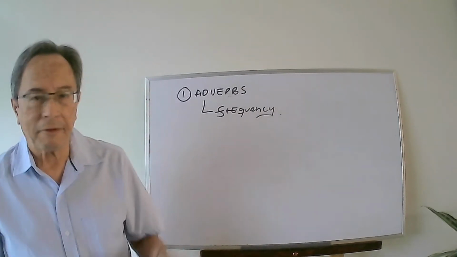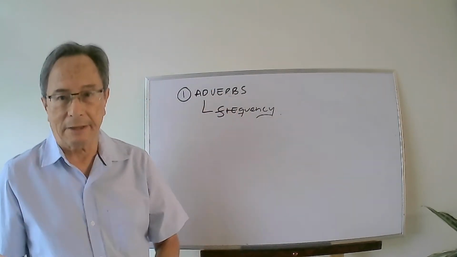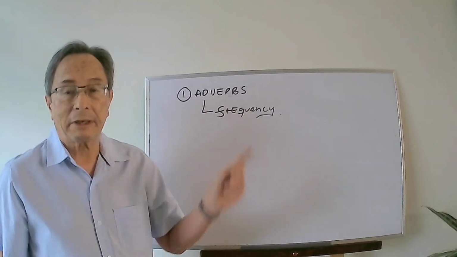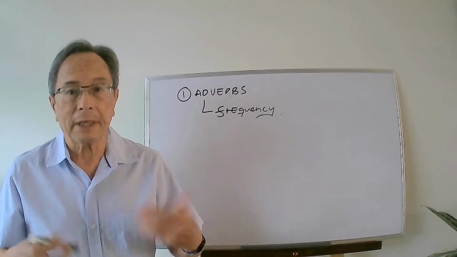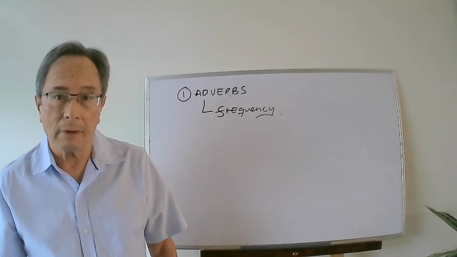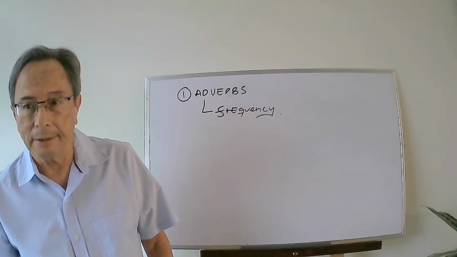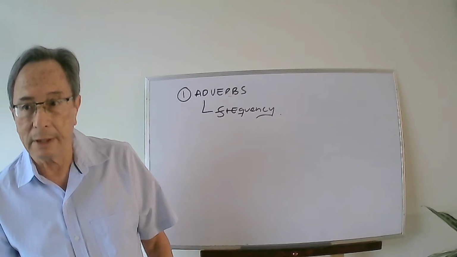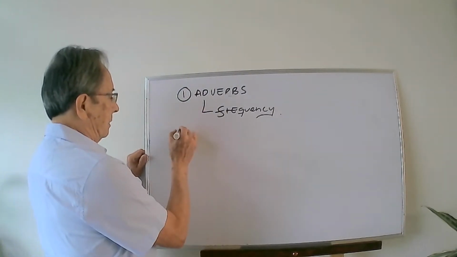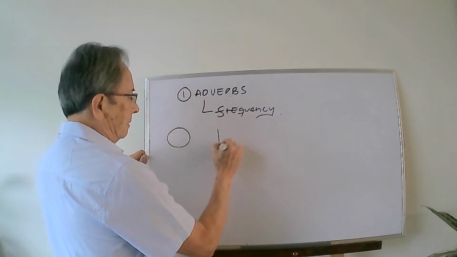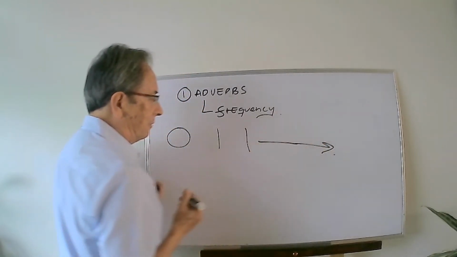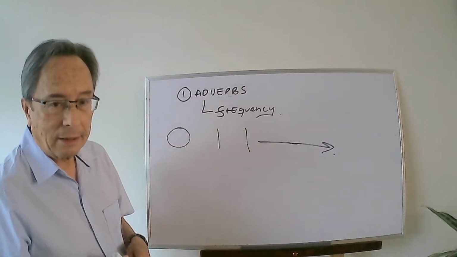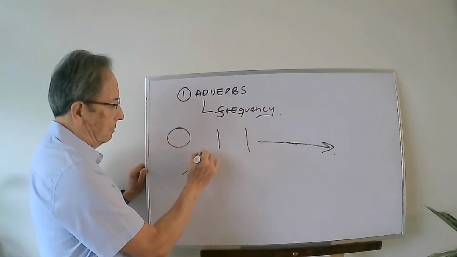Okay, another type of adverb is the frequency adverb. Otro tipo de adverbio es el de frecuencia. Ya lo hemos visto: siempre, nunca, todo eso. Always, never, etc. And we've seen that it goes here: subject, verb, complement, and the frequency goes here.